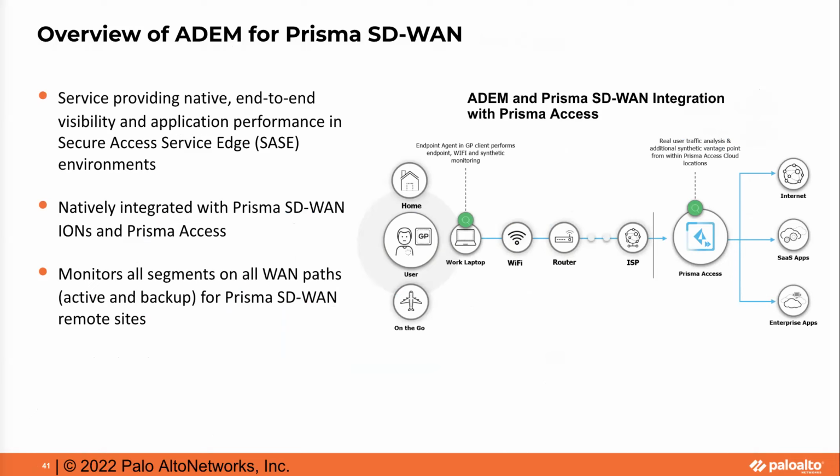Because of this native integration, the ADEM service enables synthetic tests for applications you specify from the endpoint of the Prisma SD-WAN device and deployed from the Prisma Access location in your environment. It continuously monitors all the segments on all the WAN paths, either active or backup for Prisma SD-WAN.